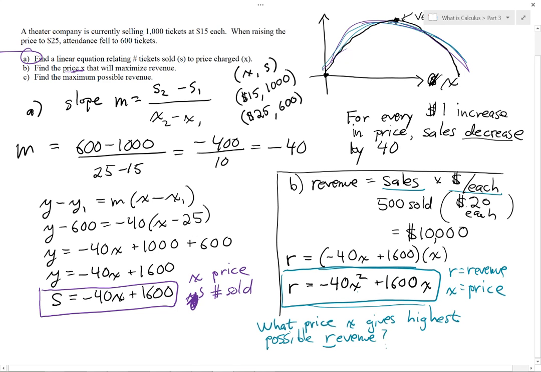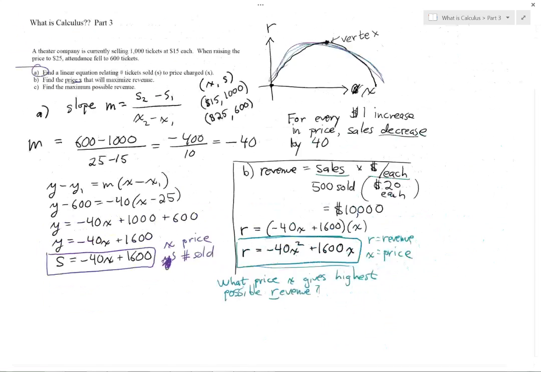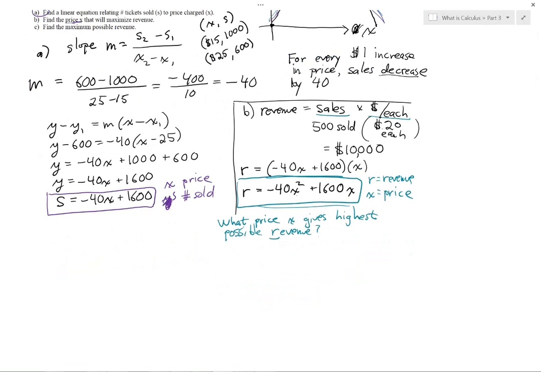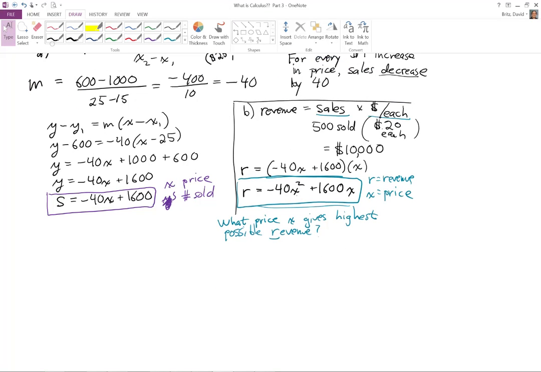That is the question that we're still trying to answer. Okay, so let's first of all, let's actually visualize this. Let's see what that graph would actually look like if we were to plot it.